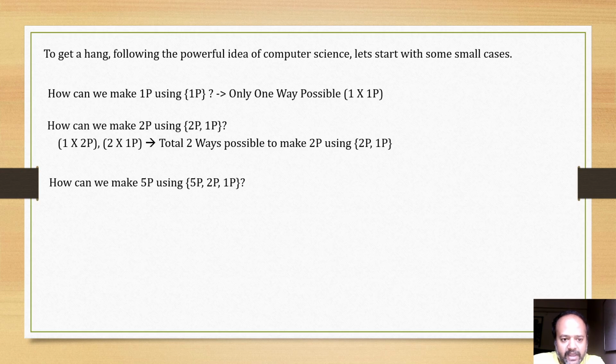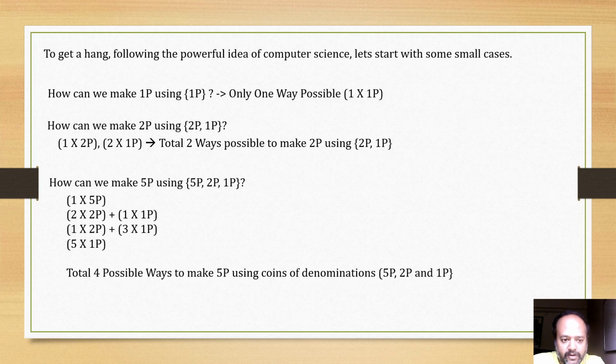Now, how can we make 5 paisas using 5 paisa, 2 paisa and 1 paisa? You could take 1 5 paisa, one possible way. Or you could take 2 2 paisas, making it up 4 paisas, and the remaining you could make up with 1 paisa. Or you could take 1 2 paisa and the remaining 3 you can make up with the 1 paisa.